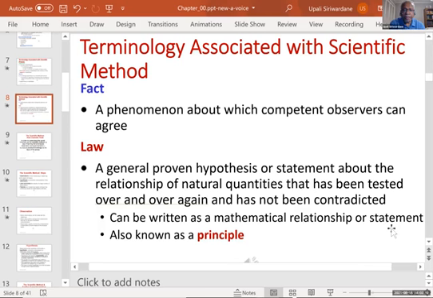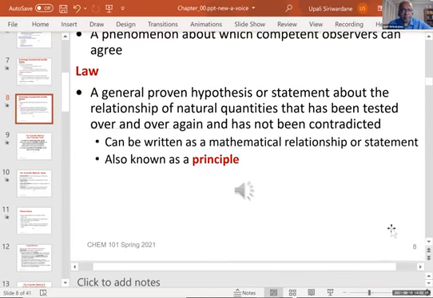PV equals nRT is a gas law. That's a mathematical relationship between volume, pressure, temperature, and the moles of gas. So laws are dealing with data, relationships between different measurements of the same system, pressure, temperature. So it could be various data in different systems.